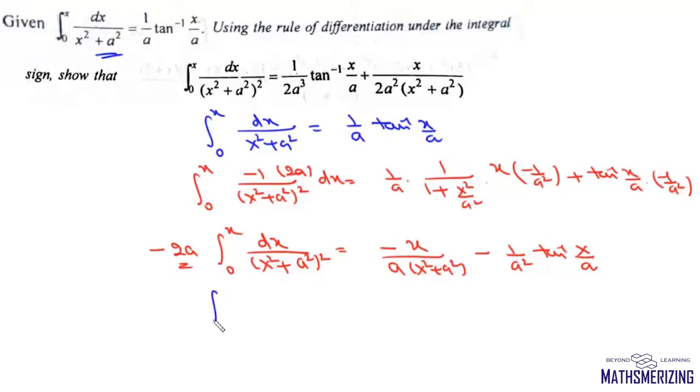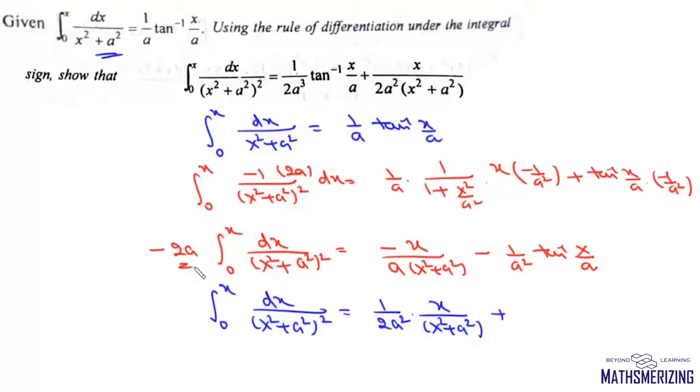So we can write this as this integral from 0 to x dx upon x square plus a square whole square, and here it will be 1 upon 2a square and then x upon x square plus a square, and then plus, again we'll divide with minus 2a, so it will be 1 upon 2a cube tan inverse x upon a.